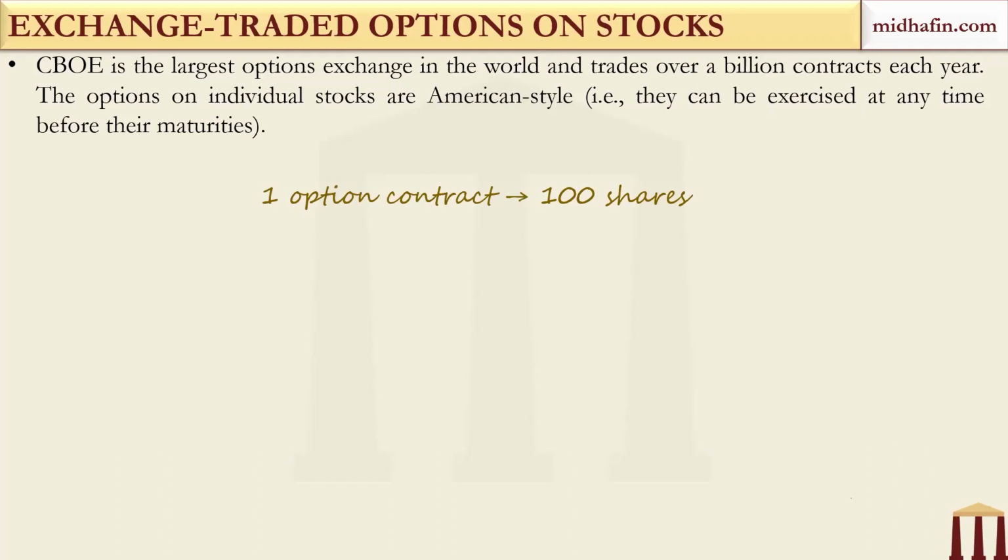For example, usually you will find that a standard option contract is for 100 shares. Now, one call option gives the right to buy or sell one share. So if you have one option contract on 100 shares, that means you are buying a lot of 100 options, be it call or put. So remember that on exchanges we have option contracts, not a single option.